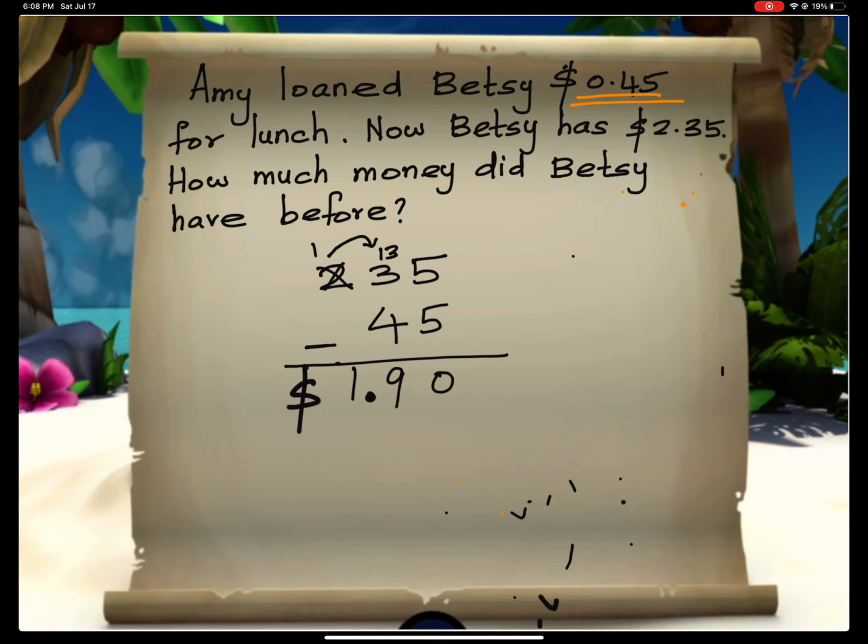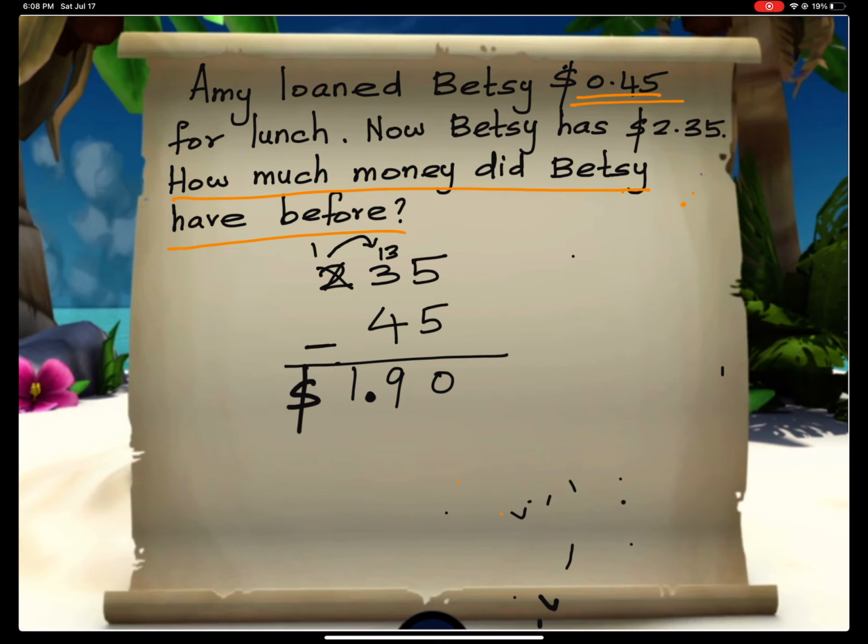When we keep the decimal here, we have to write the unit in front. So it's $1.90. While writing the statement, we can write like this. The question is how much money did Betsy have before?